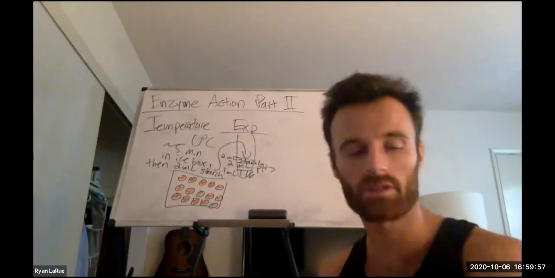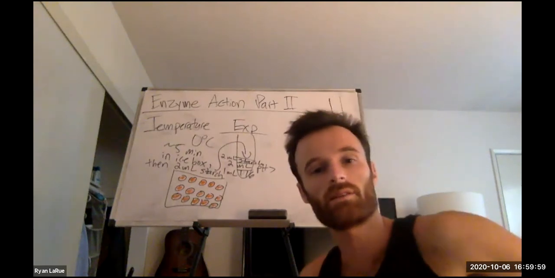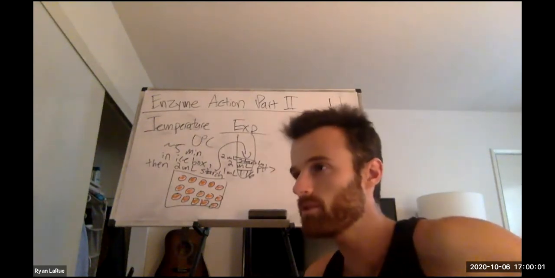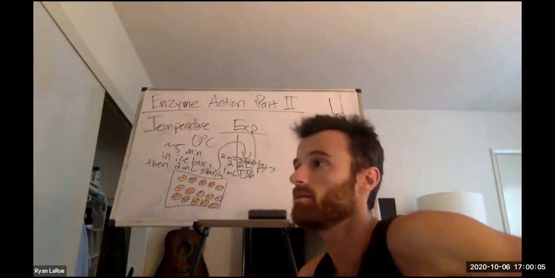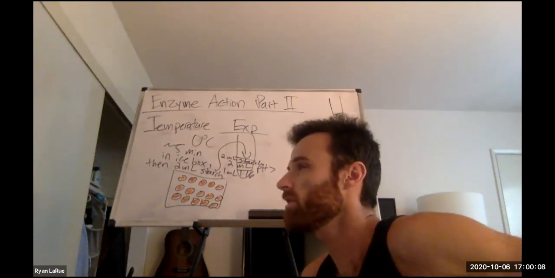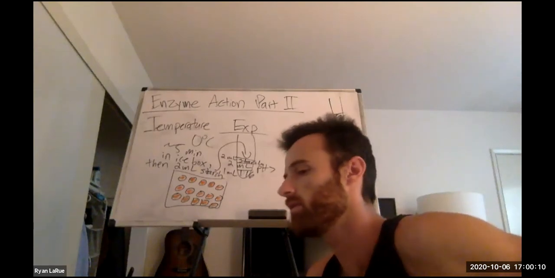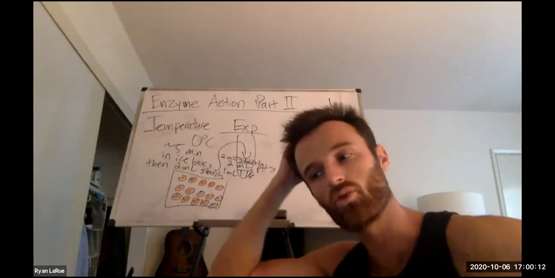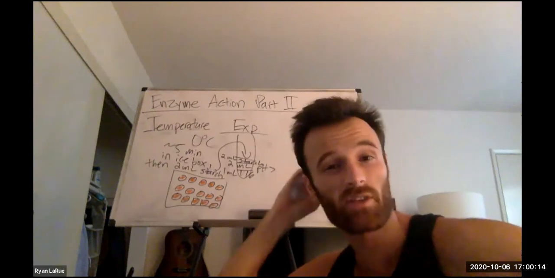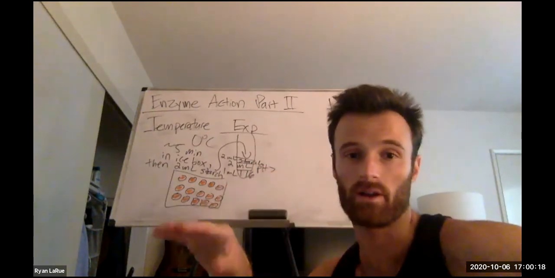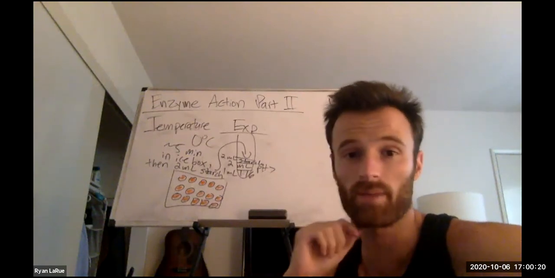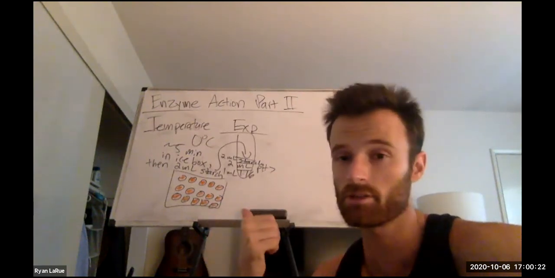What do the buffers do? That's a good question. Well, I think I mentioned this last week and I had to think about it, but the buffer is to resist changes in pH that might affect the enzyme activity. Remember, we're trying to isolate one variable and we don't want pH to influence it when we're testing temperature, right?